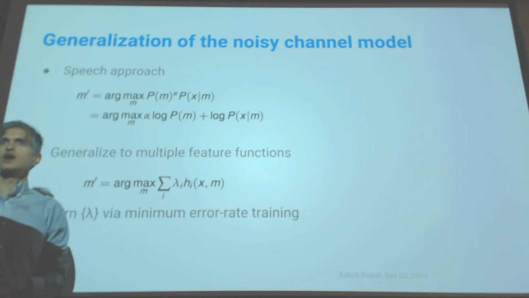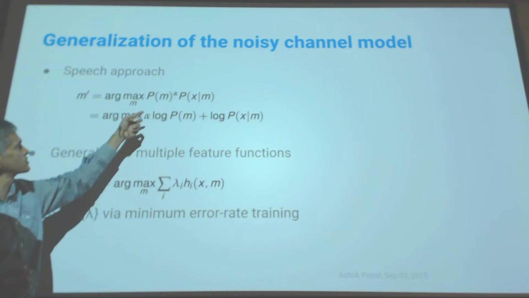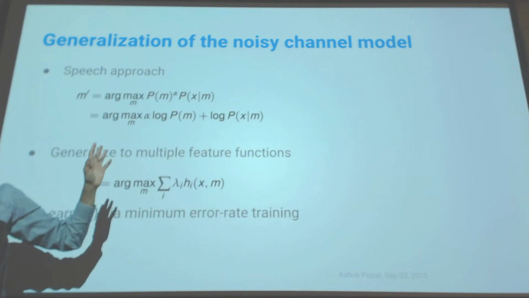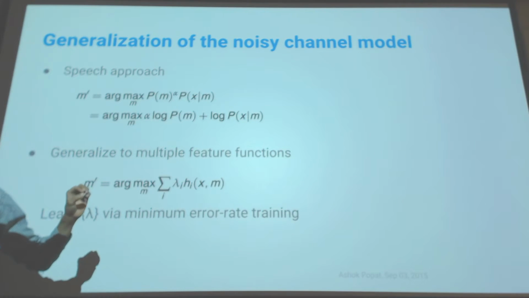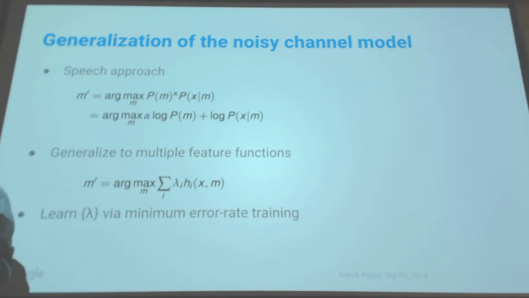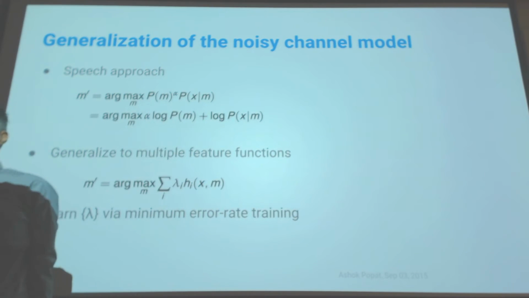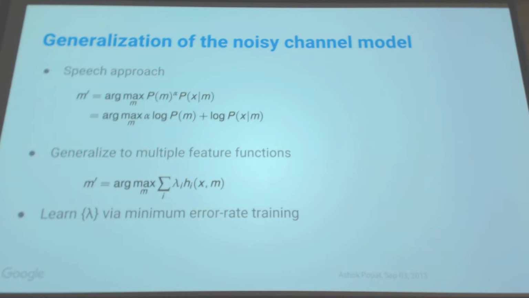I don't know if that's part of the answer. Maybe the quality of the models is different. But anyway, it's long been known empirically that you find some fudge factor to exponentiate one of the two terms. You could either have alpha here, or beta there. It doesn't matter, but you weight them relative to each other.